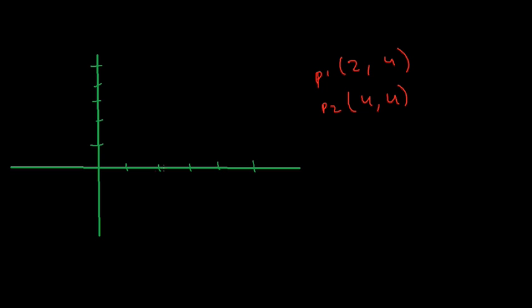Let's graph them. 2, 4, right there. 4, 4, right there. We could use the distance formula to solve the distance between these 2 points, but as you can see, it's completely unnecessary. We could just subtract. This is 2, and this is 4, and the height is 4. So all we need to find out is how far that was. 4 minus 2, well, that's just 2. So the distance is 2.